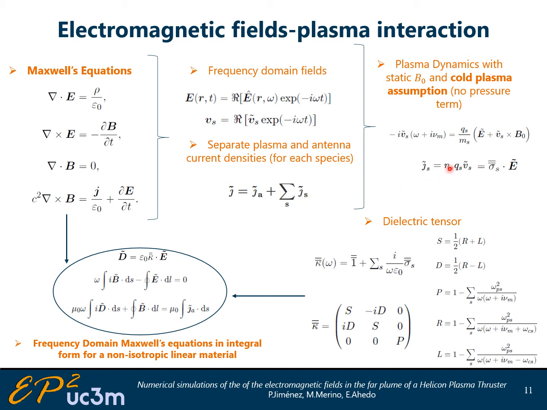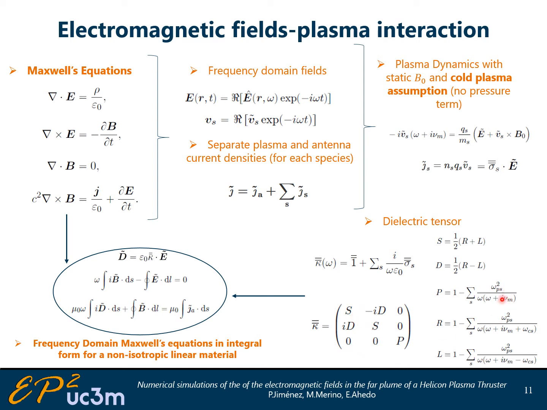So if we go to the plasma dynamics, we can neglect any pressure term because we are using the cold plasma assumption. And in that way, we find a linear relation between the electric displacement field and the electric field.